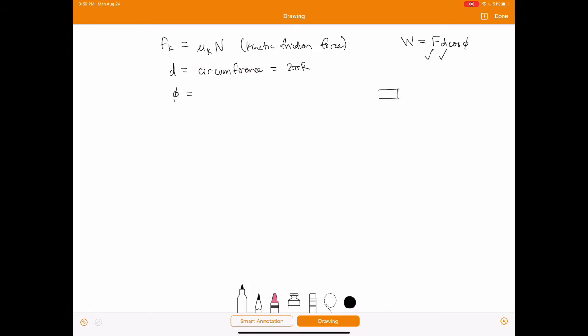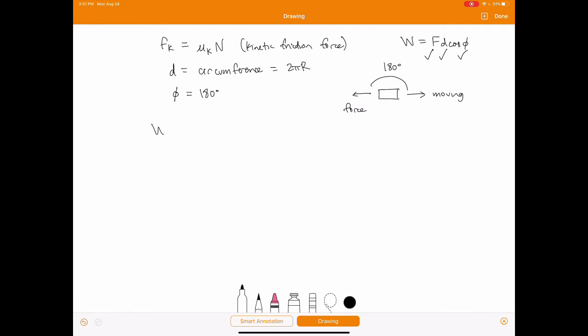Let's look at it from the side. Let's say the hockey puck is moving this way from our point of view. Well, we always know friction is going to be opposing that motion. So at all times, the angle between the force and the displacement right here is going to be 180. Okay, so we know that as well.